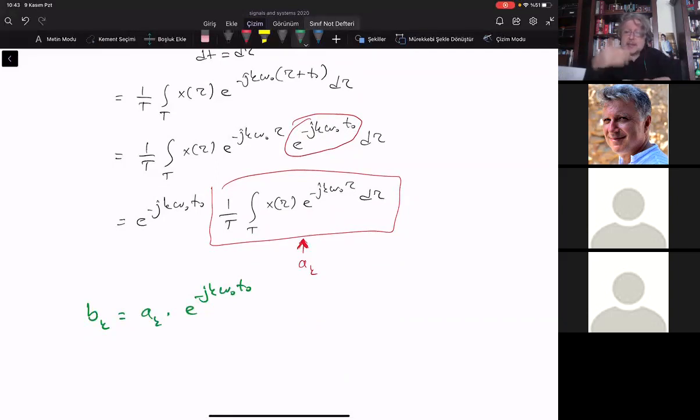It will be listed in one of the cheating sheets that will be available to you. You will be able to print out, or you shouldn't use the computer screen for these formulas.